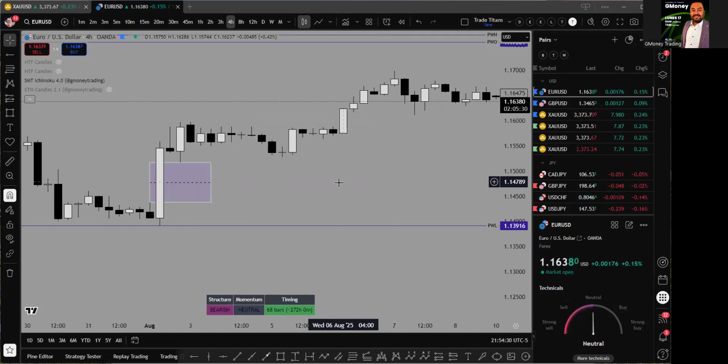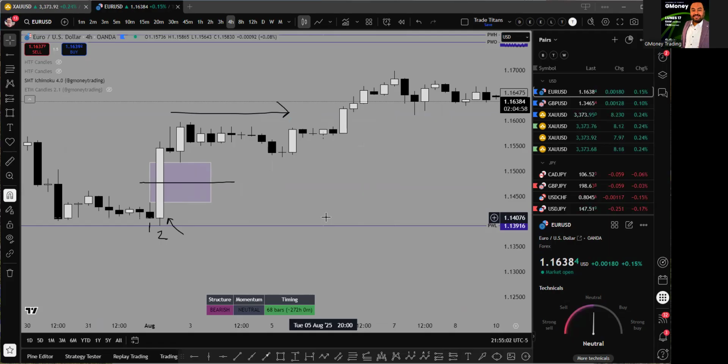There it is. Perfect. So when we're talking about a fair value gap, Anna, you basically look at 3 candlesticks, but you mainly focus on the strongest one. The 3 candlesticks I'm looking at are this one to the left, that's one, this one, two, and then everything else to the right. In order for this imbalance to get filled, we at least need to come back and touch 50% of it.